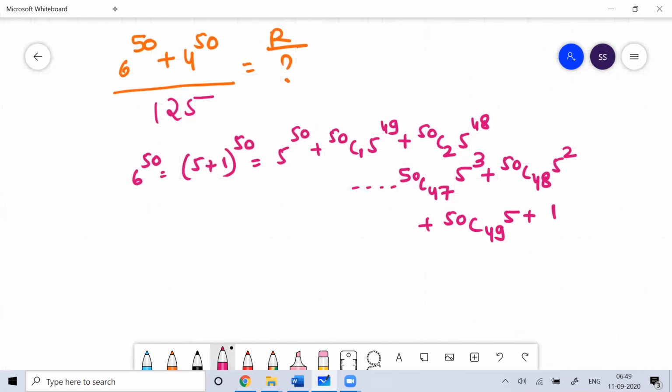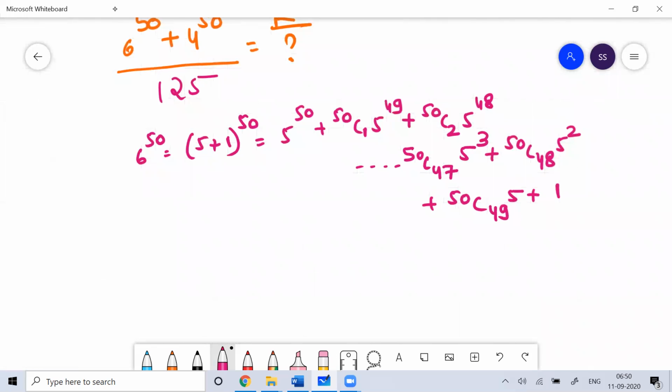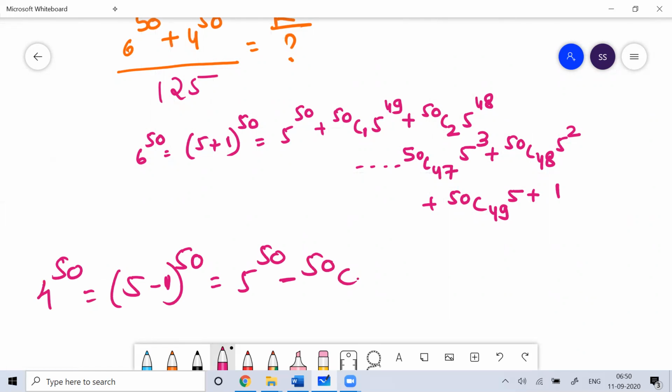And similarly, I can write 4 to the power 50 as 5 minus 1 to the power 50. That is again 5 to the power 50 minus 50C1, 5 to the power 49 plus 50C2, 5 to the power 48.